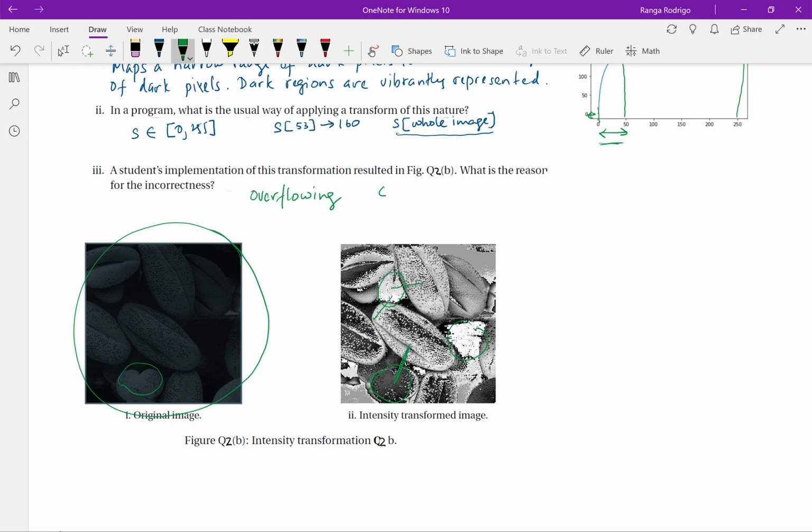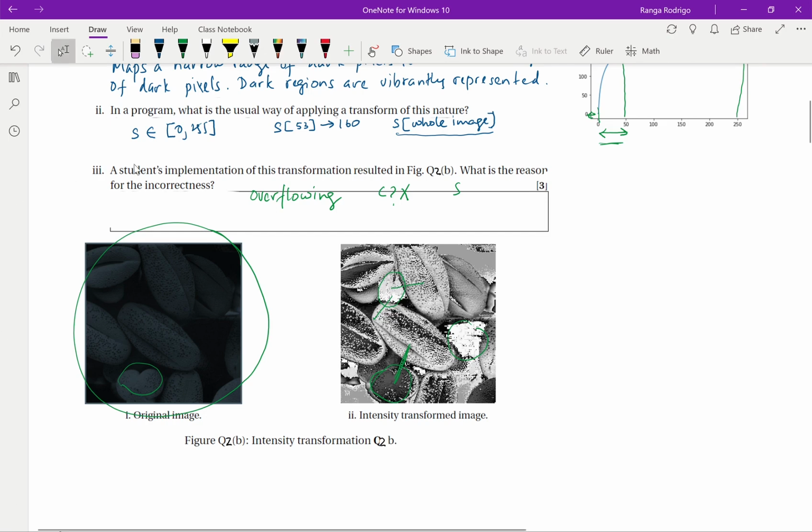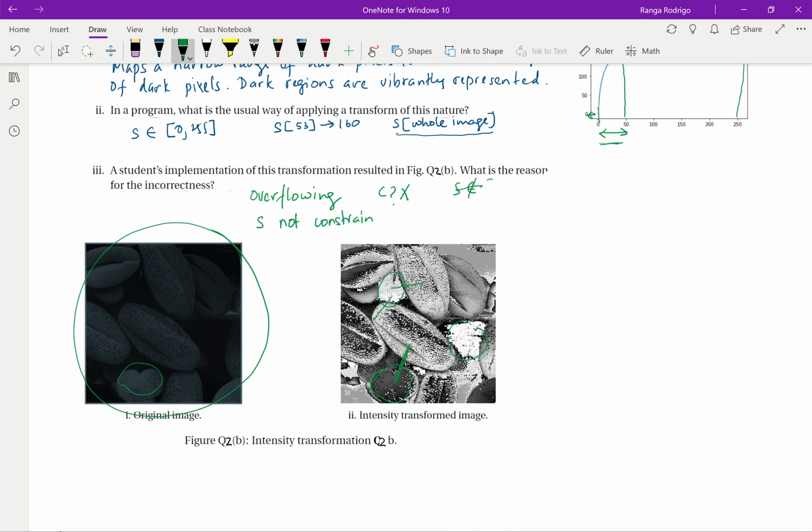The student did not calculate C properly, so the values of S were not constrained to below 256, resulting in overflowing.